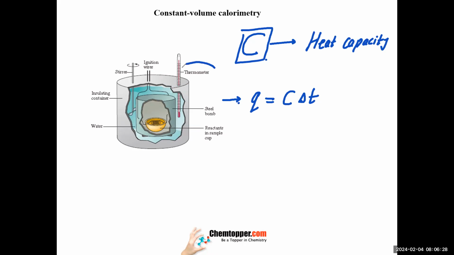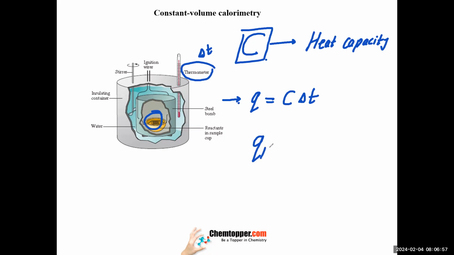This thermometer is going to tell you delta T. Are you going to measure the delta T of the bomb, or of the water, or of the reaction? This thermometer is in the water, so what are you calculating? Of the water.